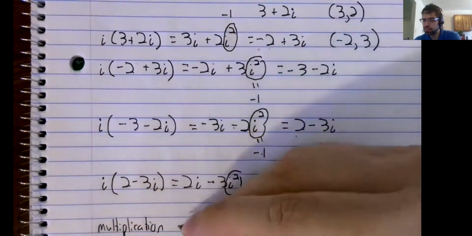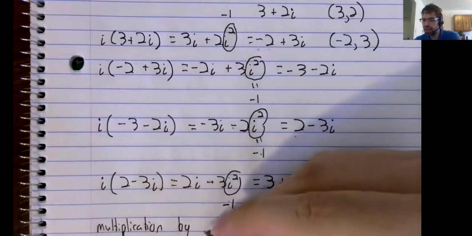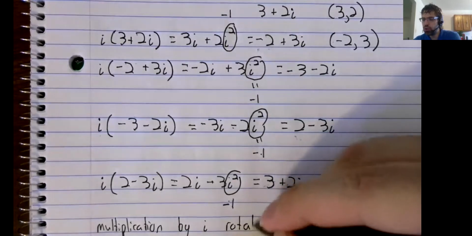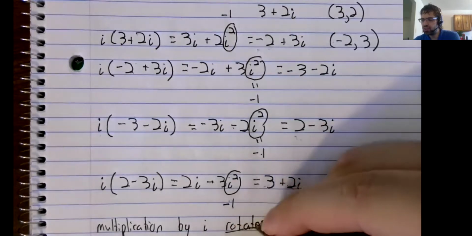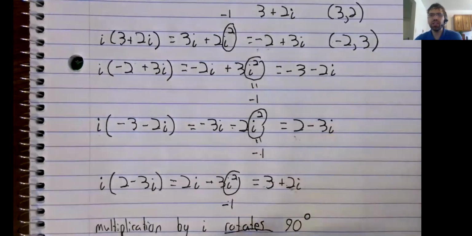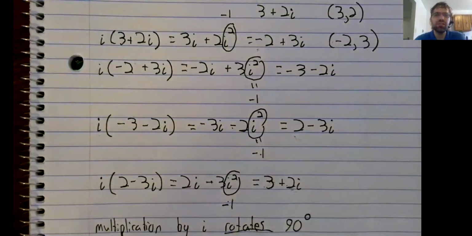Multiplication by i just rotates by 90 degrees. Let's get that graph back up there.